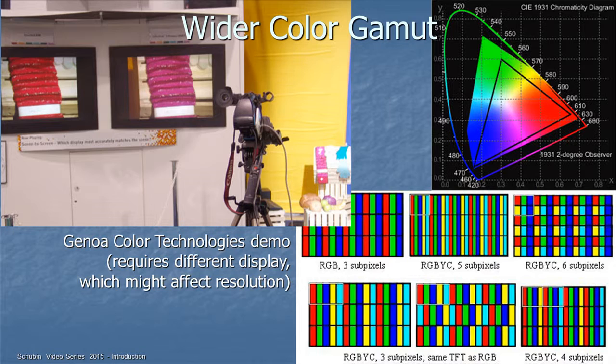But what I'd like to point out in this case is how accurate the colors look. So here you see on the upper left a camera that's shooting some material, and there's that kind of pinkish purplish stuff on the far left, and then we have the 2 displays on the left, and you're seeing that one is not reproducing that color correctly at all.